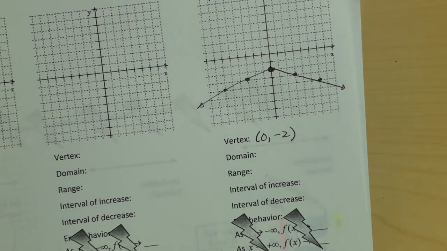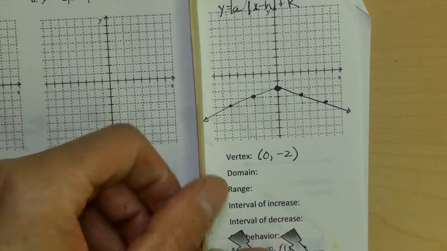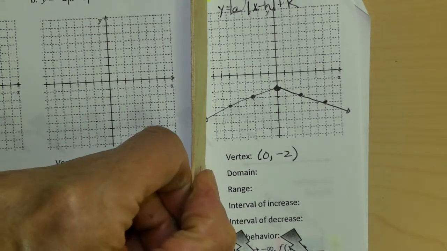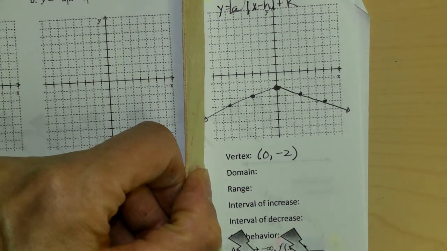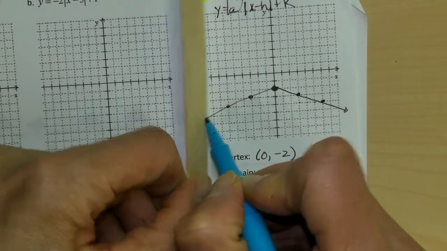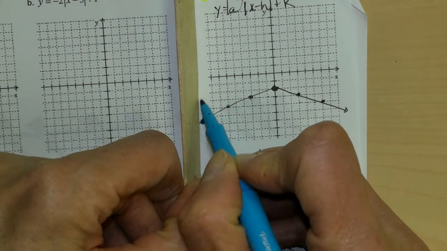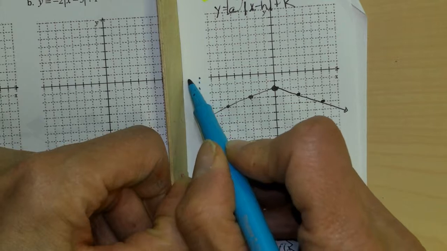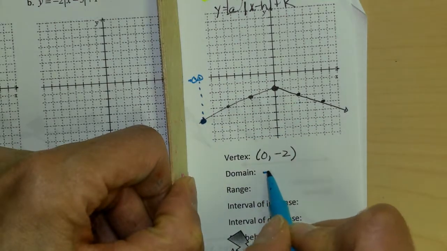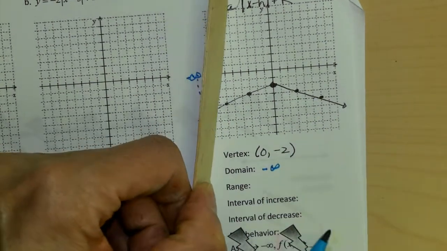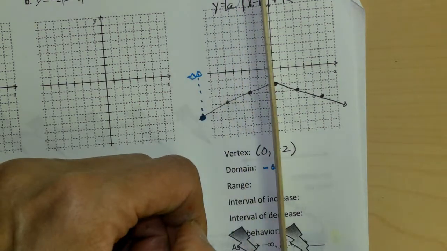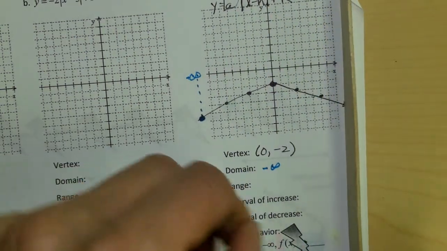What is the domain? The domain has to do with how wide the function is. I'm looking to my x-axis. If I were to put a point way out here, my x value is going to be at -infinity. So that's where it starts. If I keep going, it's touching the function, and it goes forever this way.